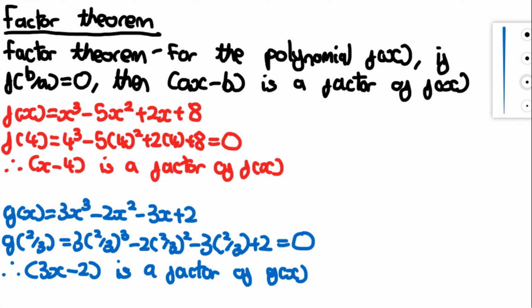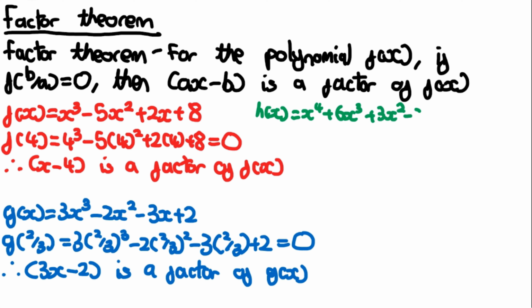Let's do one more example. Let's say that h of x, let's do a quartic this time. Let's say that h of x is equal to x to the power of 4 plus 6x cubed plus 3x squared minus 26x minus 24.